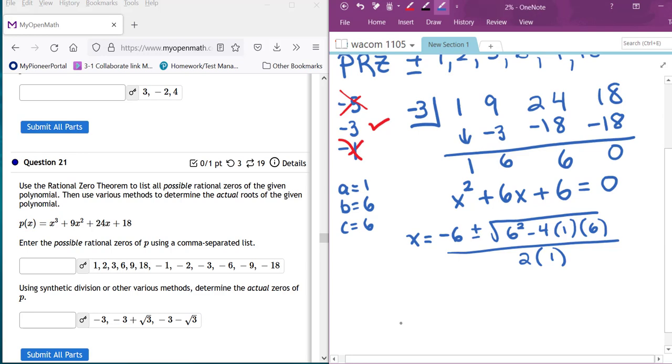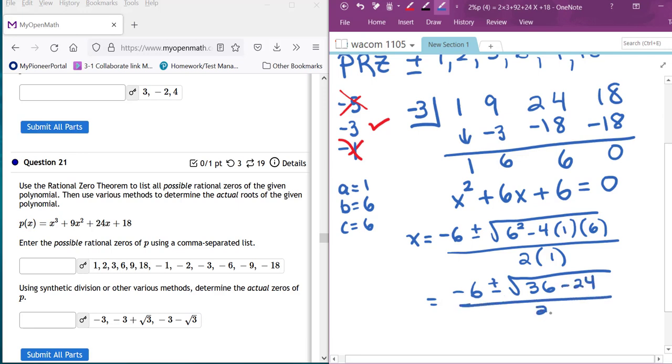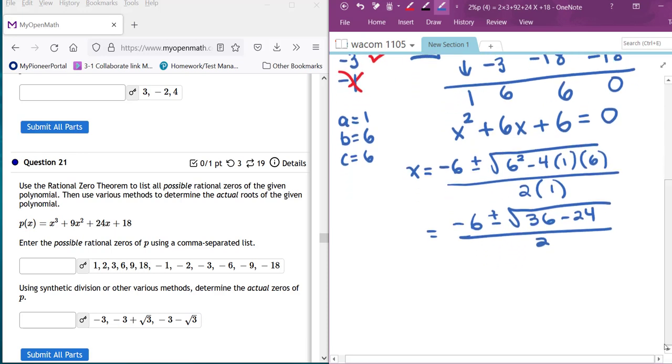And then we'll have to clean up. So we have negative 6 plus or minus square root of 36 minus 24 over 2. And so 36 minus 24 is 12 over 2. And we need to simplify that square root of 12.